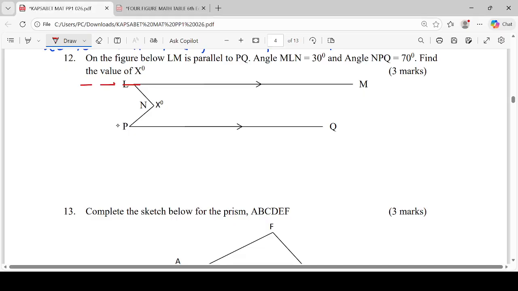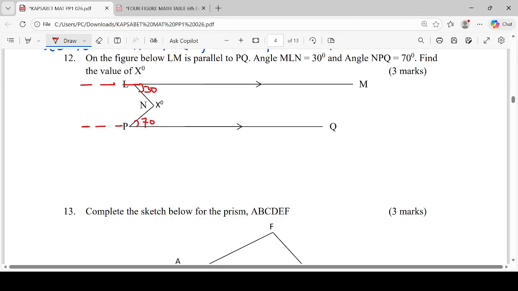When you have two parallel lines and a transversal cutting through, the concept about alternate angles comes in. MLN is 30 degrees, this angle here. NPQ is 70 degrees.